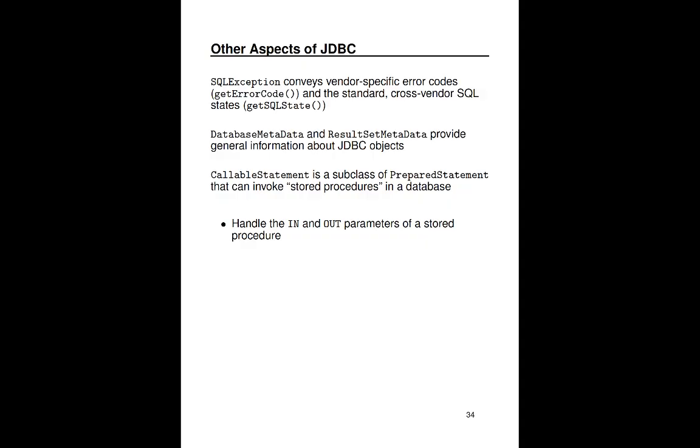And if you're familiar with something called a stored procedure, which is basically code that runs inside the database, JDBC does offer a callable statement, which is a subclass of prepared statement that can be used to invoke those stored procedures. It handles the in and out parameters that stored procedures have. Good stuff, but beyond the scope of this class and what we're talking about.